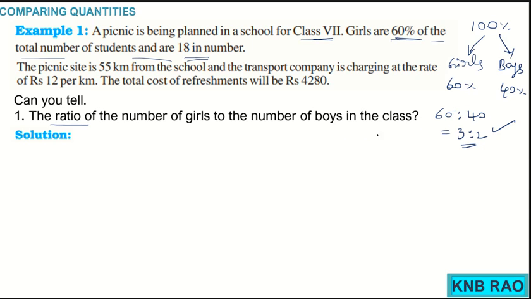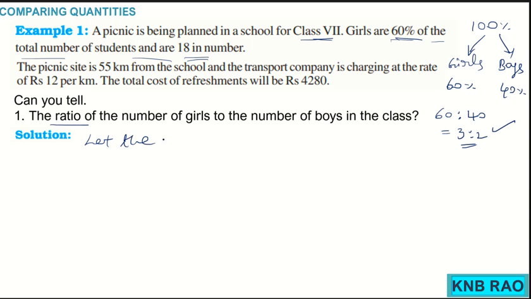Without much calculation we can do this, but still, as per the procedure, we shall find the number of boys first. You know the number of girls is 18.